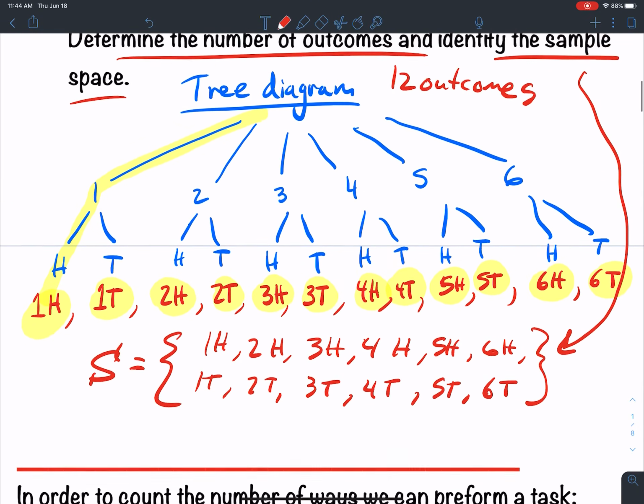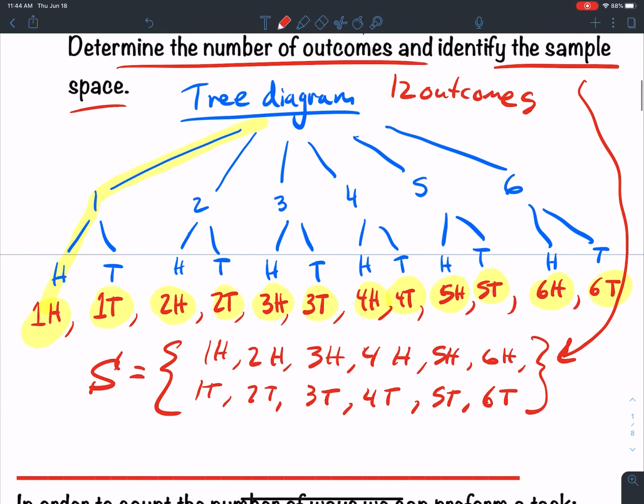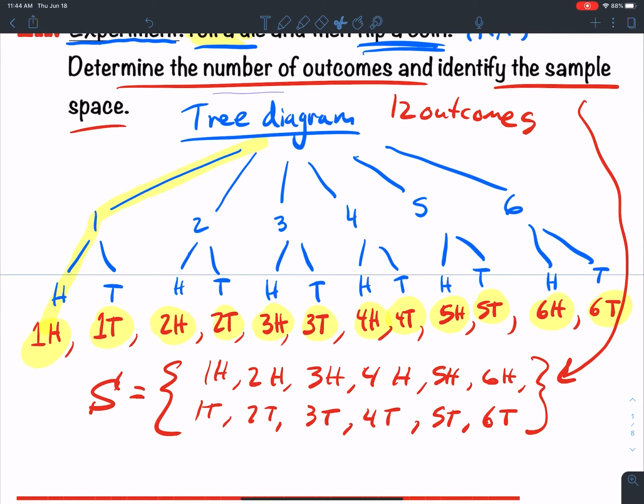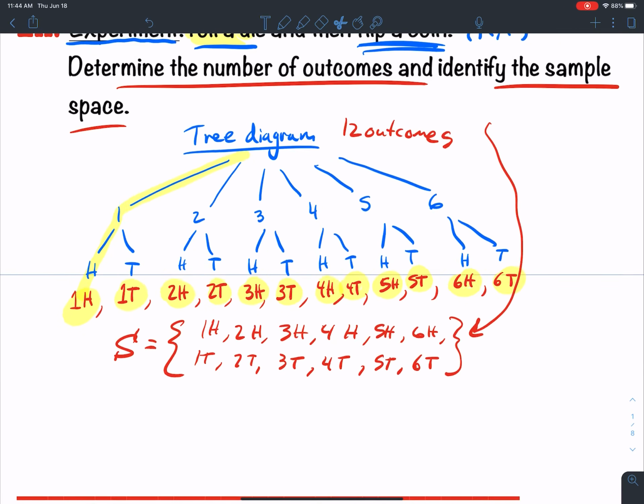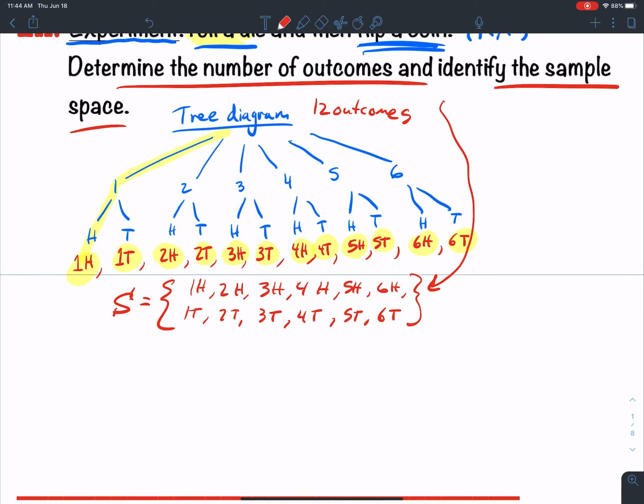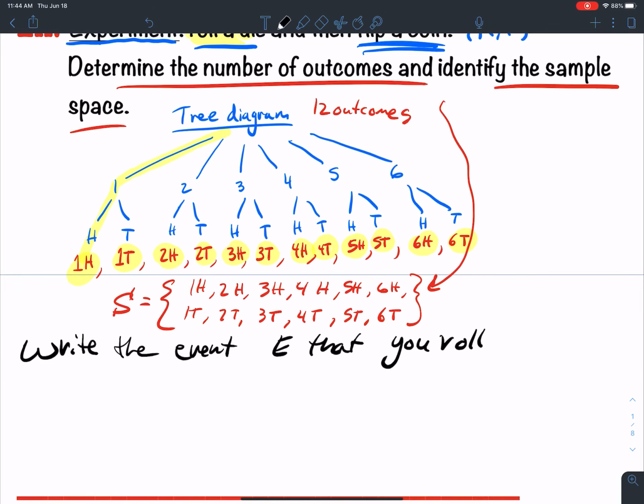Now, you might be asked this question right here. So let me make this a little bit smaller so I can write out this question. You could be asked the question, write the event E that you roll an odd number and get heads.